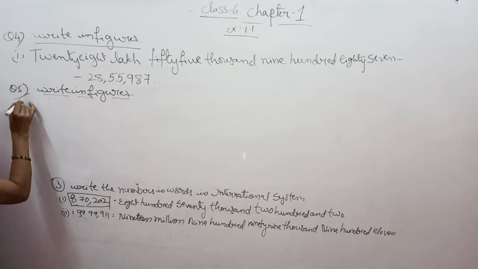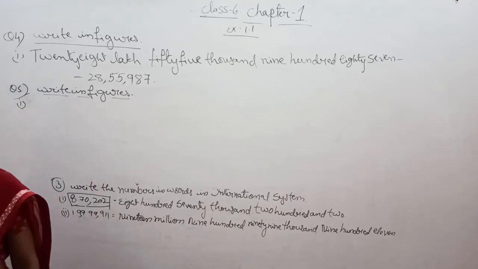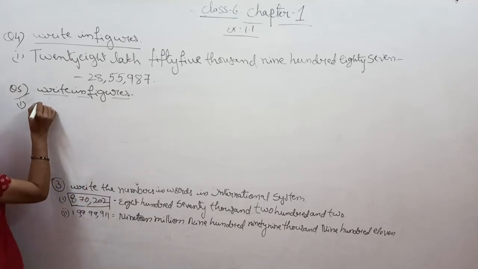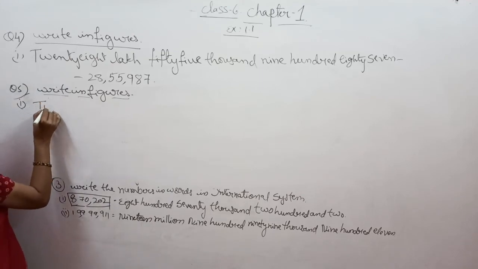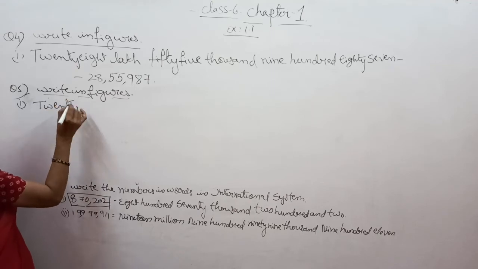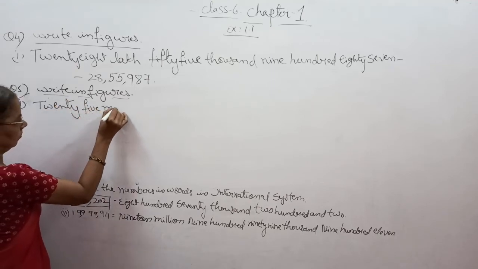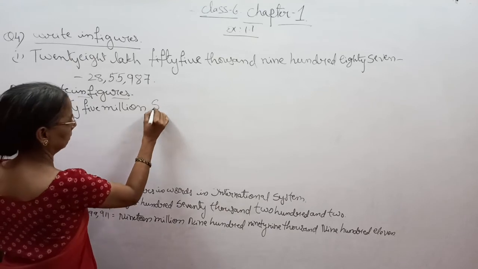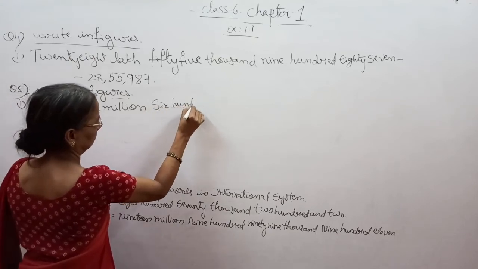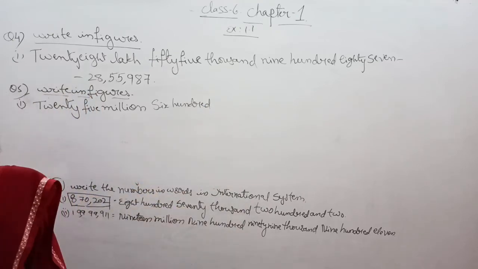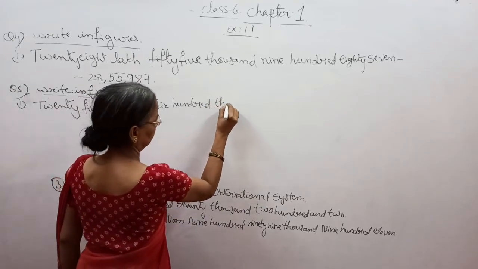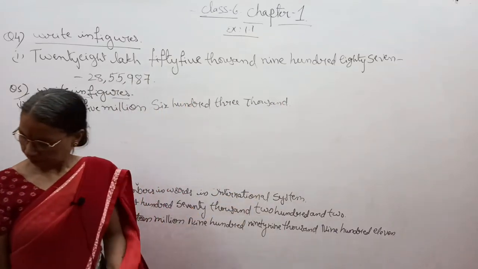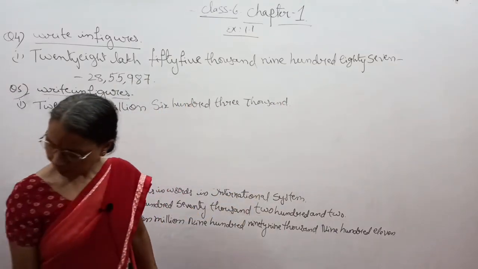The first question is 35,603,405. 35 million, that is 25 million, 600, 3,000, 405.